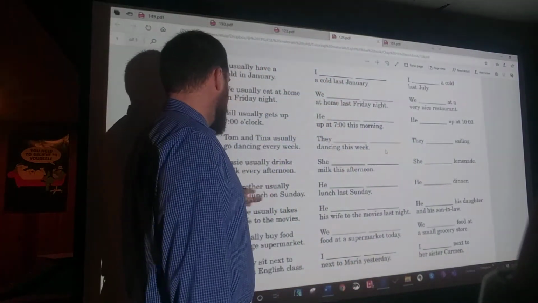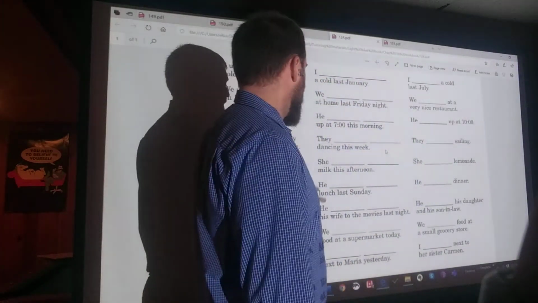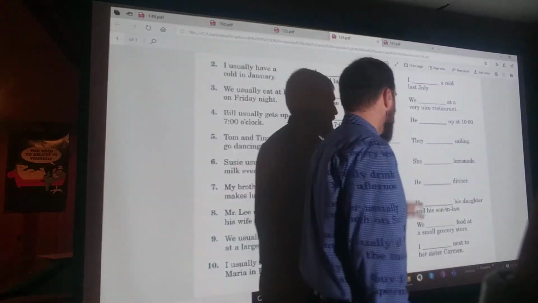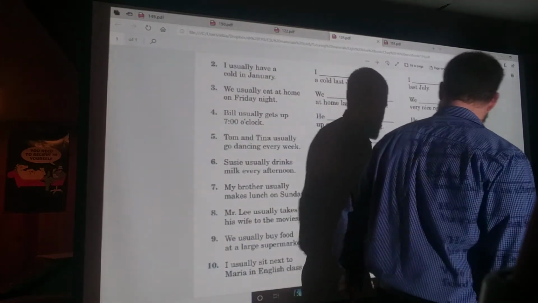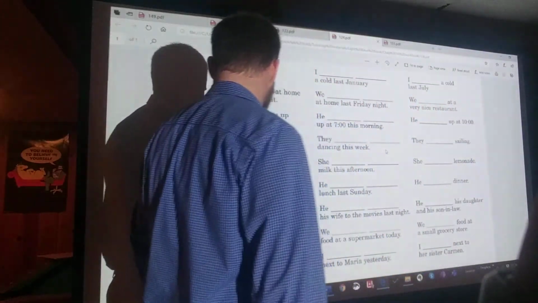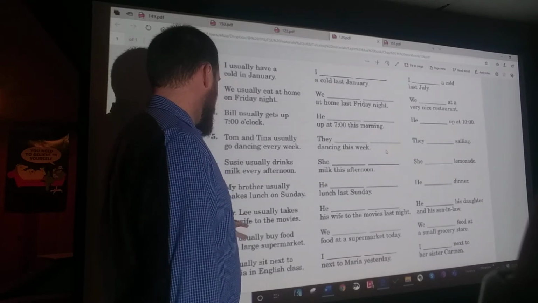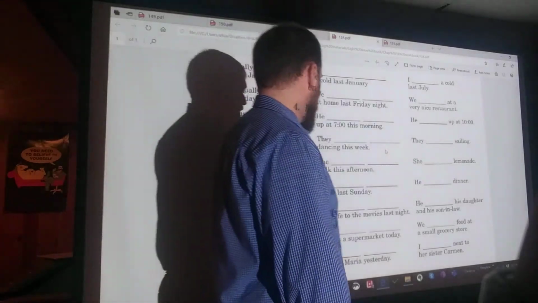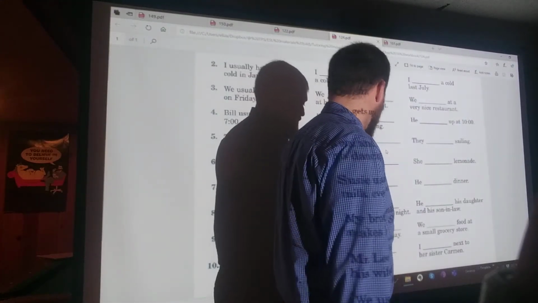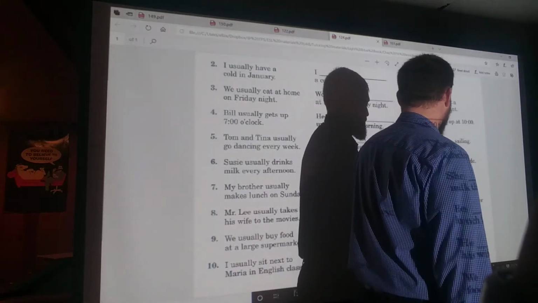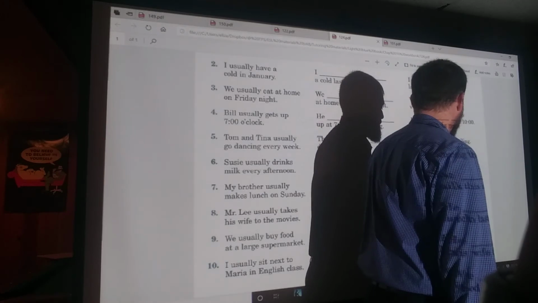My brother usually makes lunch on Sunday. He didn't make lunch last Sunday. He made dinner. Mr. Lee usually takes his wife to the movies. He didn't take his wife to the movies last night. He took his daughter and his son-in-law.